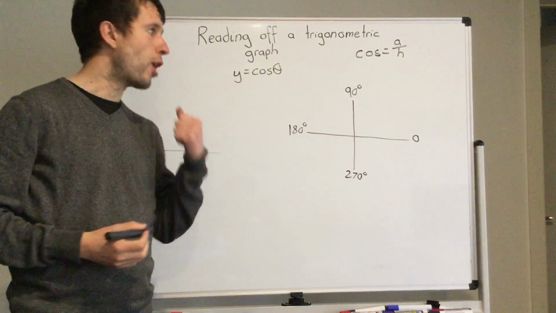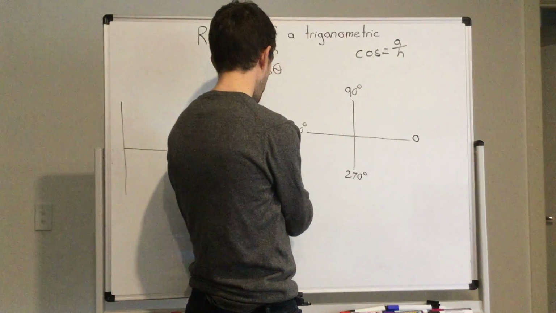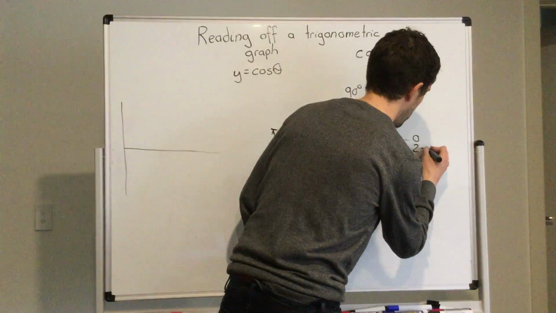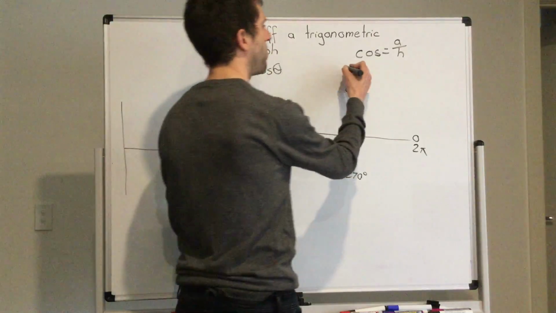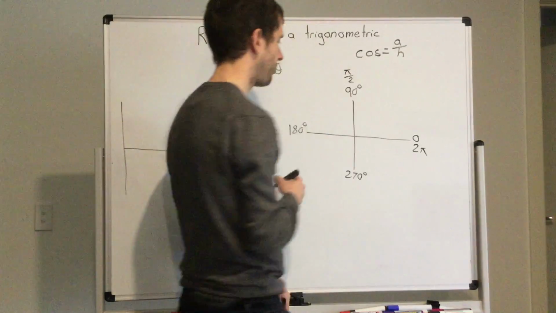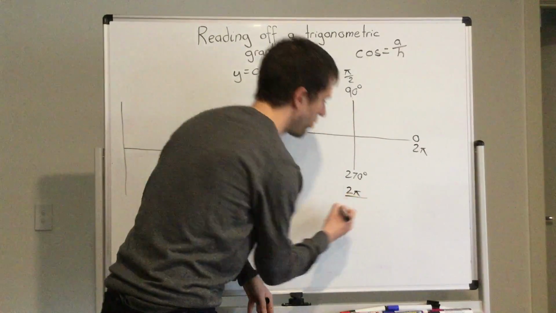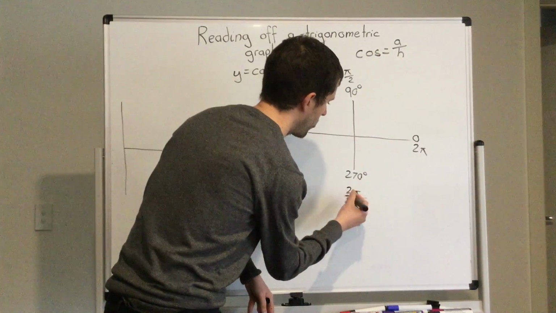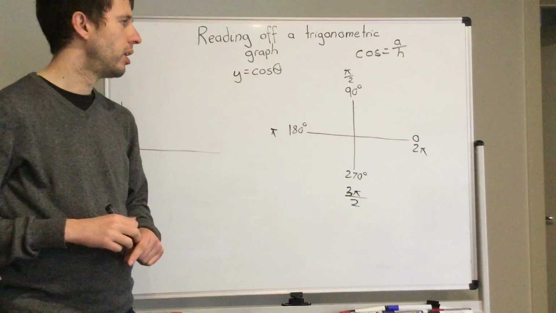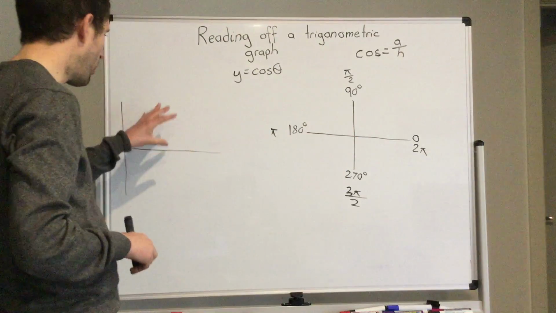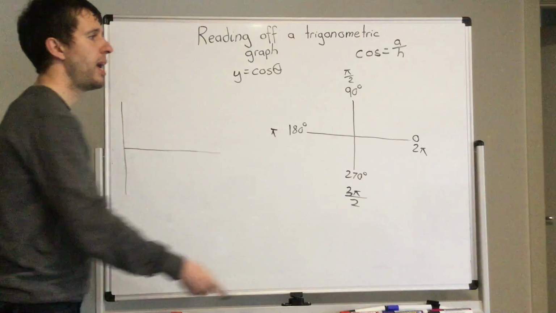If you are using radians, 0, I've got pi, 2 pi, then to get 90 degrees, half a pi is pi over 2, and 270 degrees is 3 pi over 2.